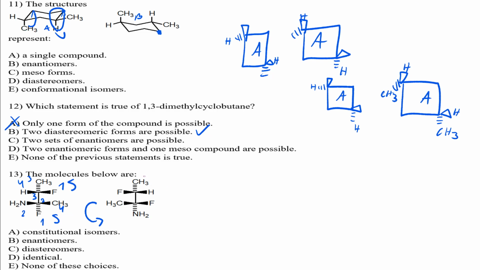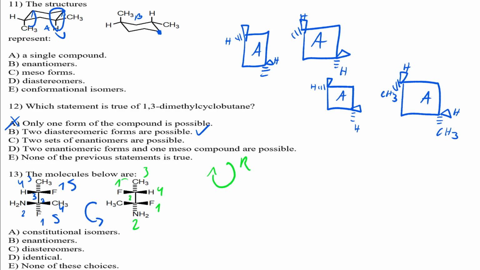Now we're going to do the right-sided one. This is priority number 1, 2, 3, and 4. So that's 1, 2, 3. But hydrogen, or the lowest priority group, is on a wedge. So we're going to have to reverse it. That's going to be R. And over here, we have priority number 1, 2.